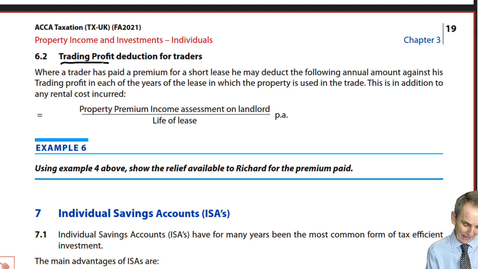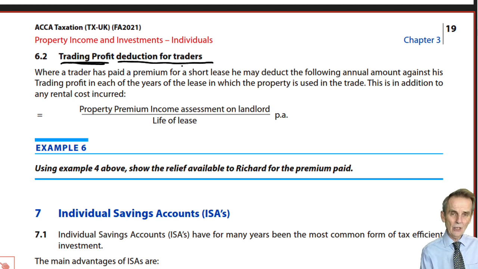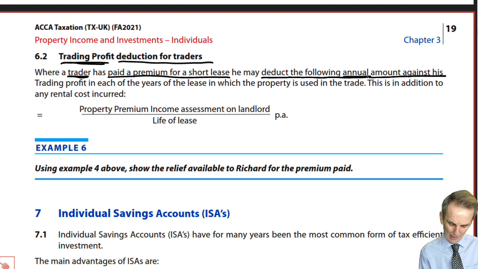So we now see that there may be a trading profit deduction for traders who've paid that premium. We're a trader, so we've got trading income, and this will be a deduction against that trading income. A trader who has paid a premium for a short lease may deduct the following annual amount, each year over the period of the lease, against his trading profit.